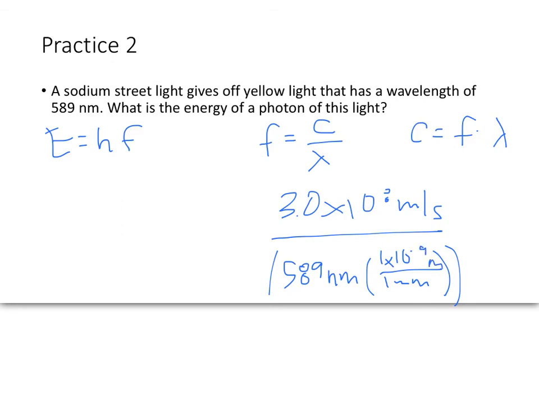So I play around with my units. Nanometers are canceling, and then I'm dividing meters per second by meters, so those are going to cancel out too. And that's going to give me approximately this number, 5.09 times 10 to the 14th hertz, because I'm left with 1 over seconds, which are hertz.